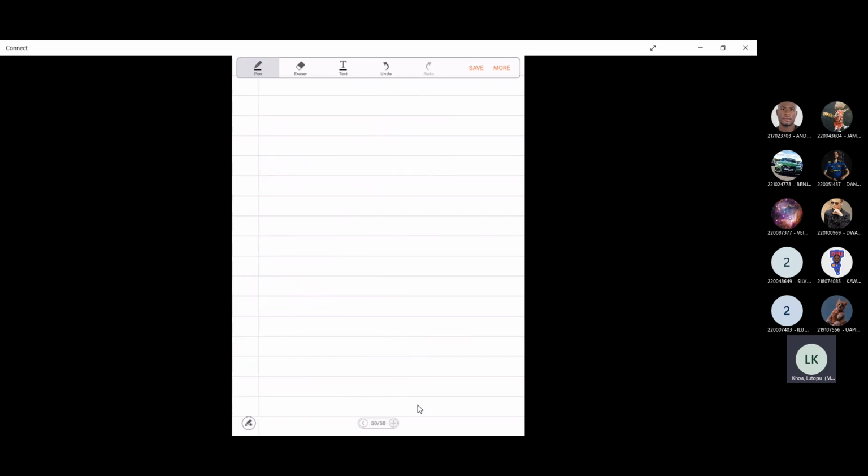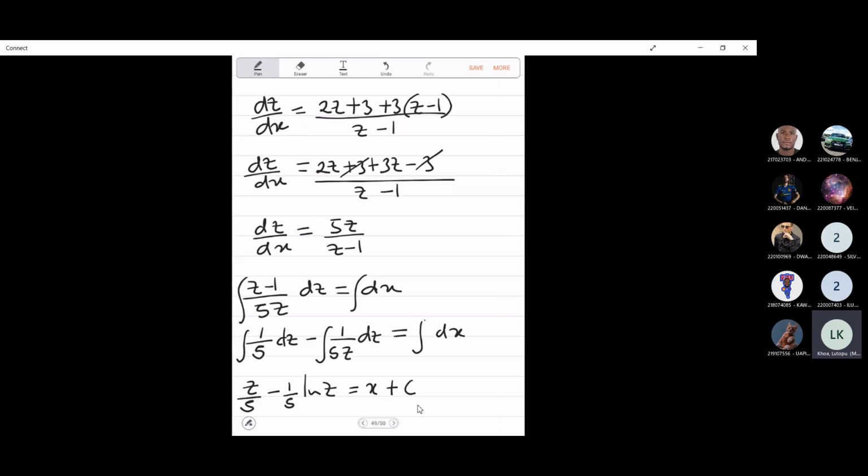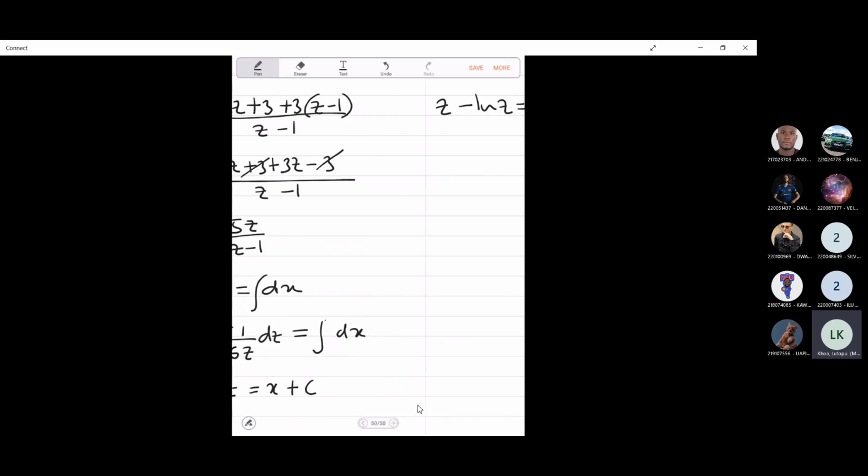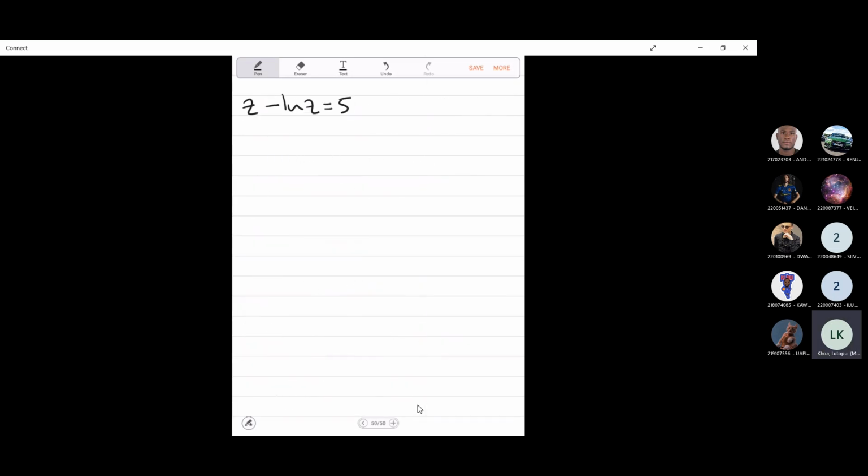So I have z minus ln of z is equal to 5x plus c. Again, I've multiplied this c by 5, but it's still a constant, so just leave it as c.